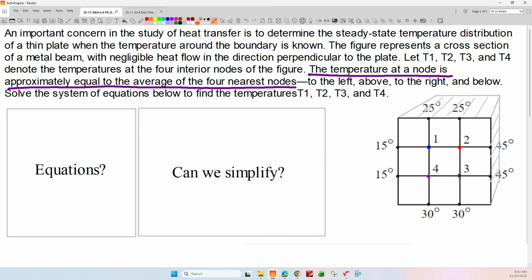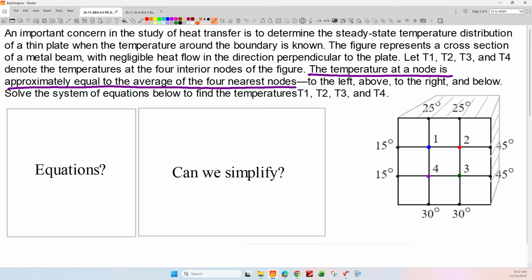So how would I calculate the approximate temperature at location 1 at that node? And so I've got the nearest nodes, right, left, and up and down, would be that one, that one, that one, and that one, right? And if it's approximately equal to the average of those, well, how do I average those temperatures?